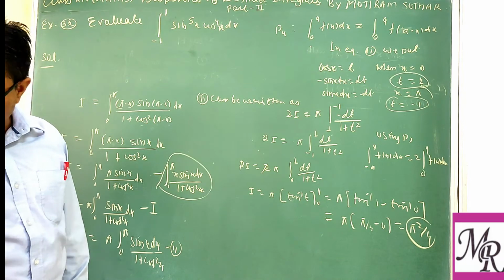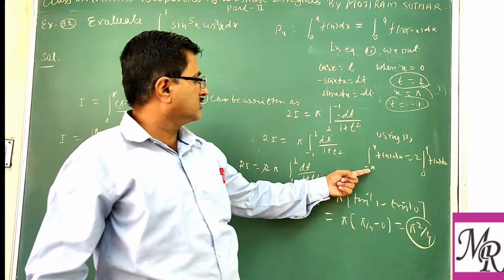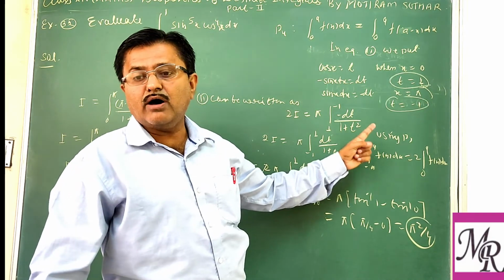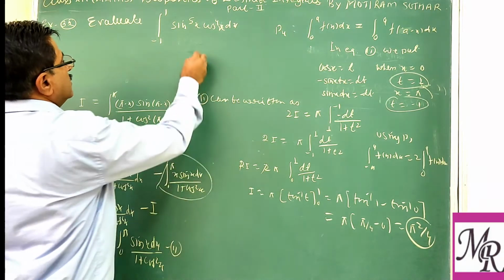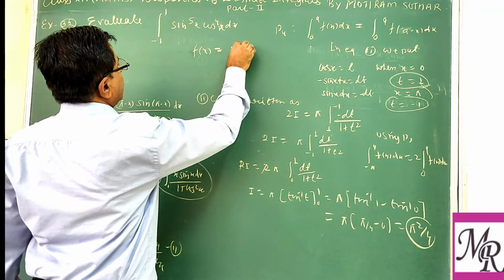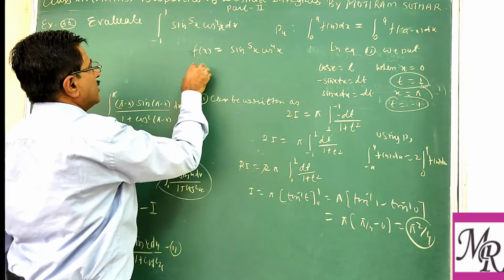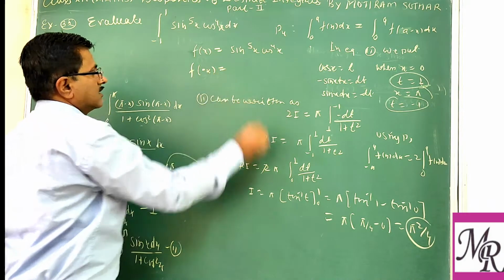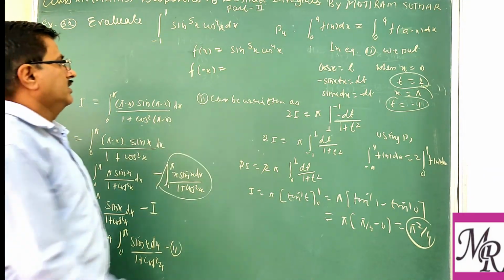First of all, here the limit is -a to a. Now our job is to check whether this is even or odd. How do we check even or odd? You can take f(x) equal to the integrand, sin 5x cos 4x. Now put x as -x in the integrand.